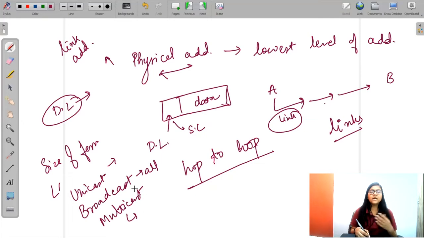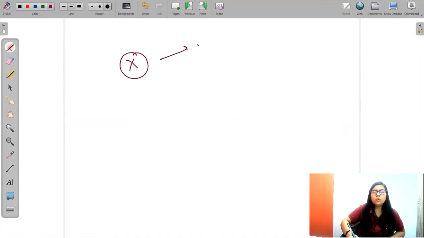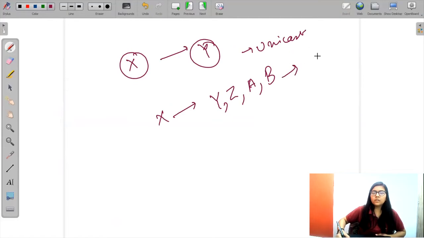There is a difference between multicast and broadcast. Let's understand these terms through an example. When I am sending a message to another person, let's say X is sending a message to Y, then it's a unicast, right? But if X is sending a message to Y, Z, A, and B, then it's a multicast, right?